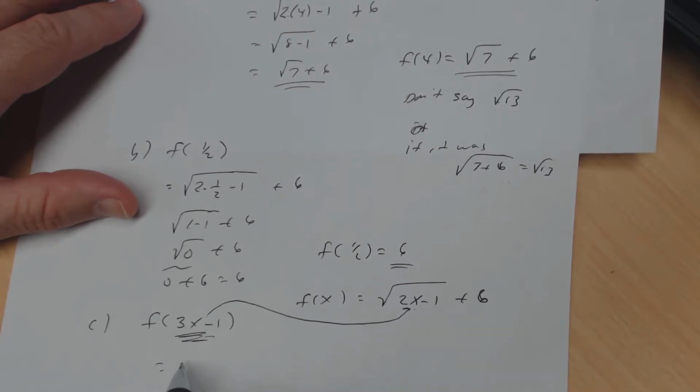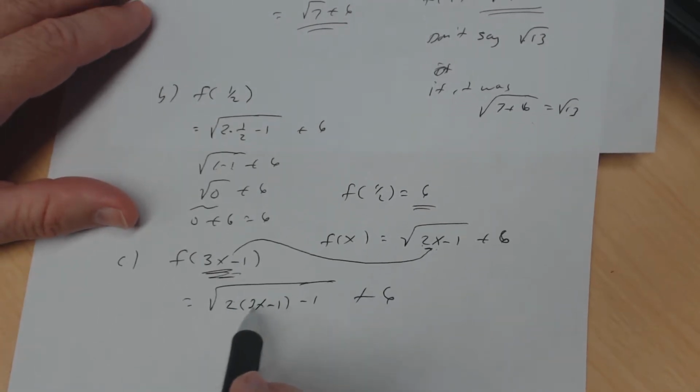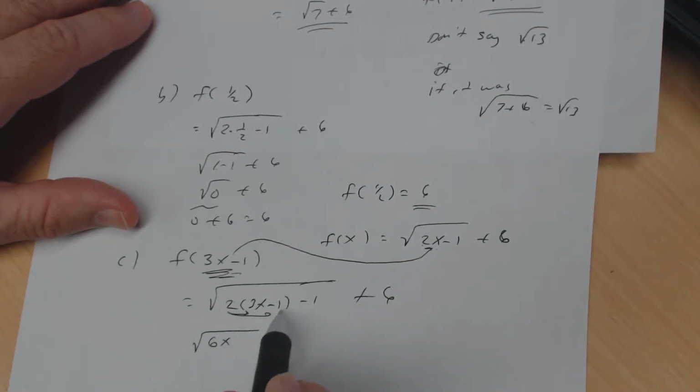So here's what you get. You get the square root of 2 times x, but I'm substituting this in place of x. Whatever that is, I'm going to subtract 1, and then I'm going to add 6 to this whole thing, like this. Okay, simplifying the radicand, I'm going to distribute. So it'll be the square root of 2 times 3x is 6x. 2 times a negative 1 is a negative 2.